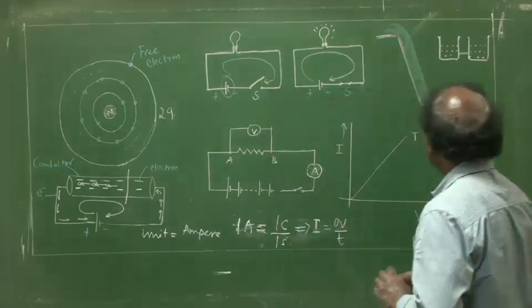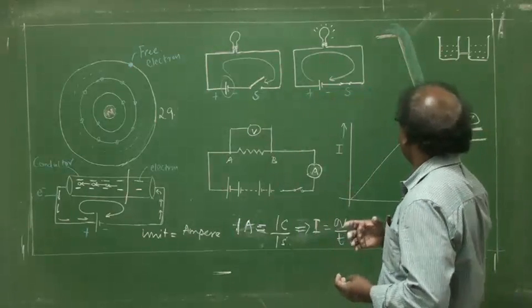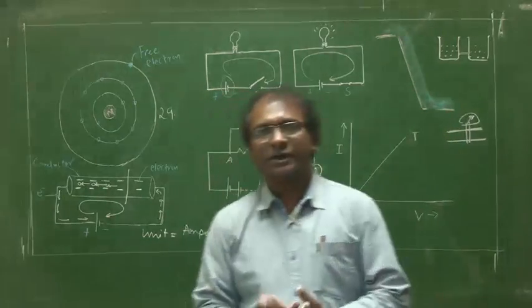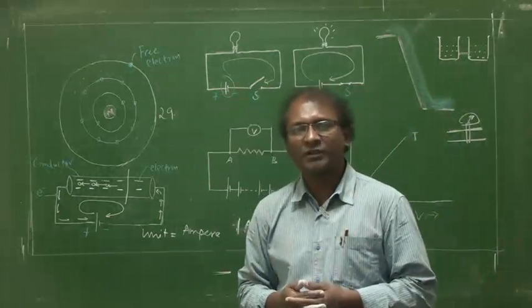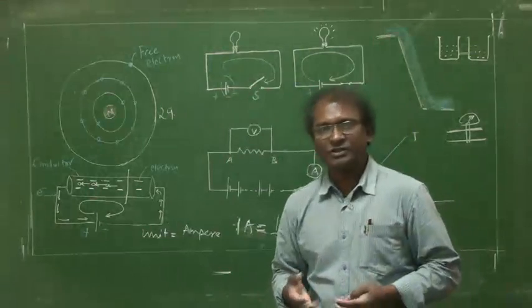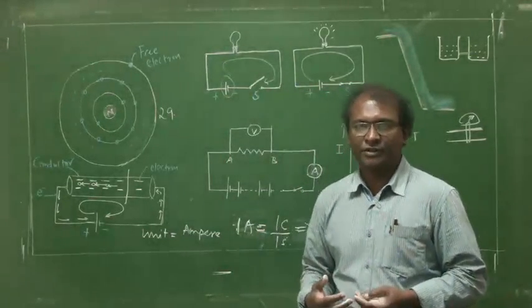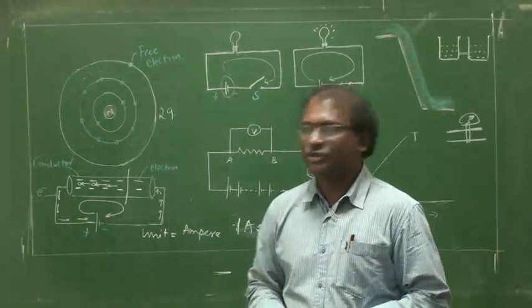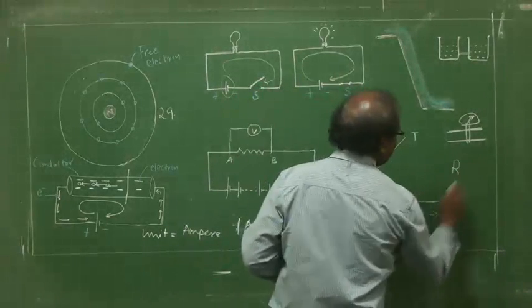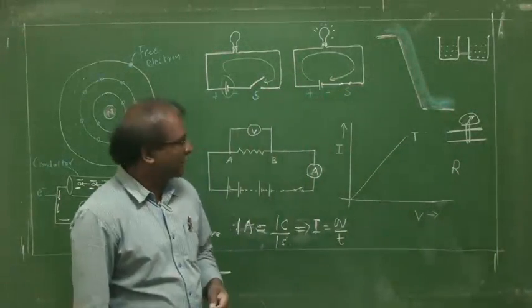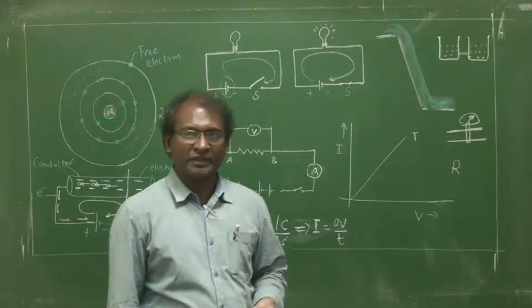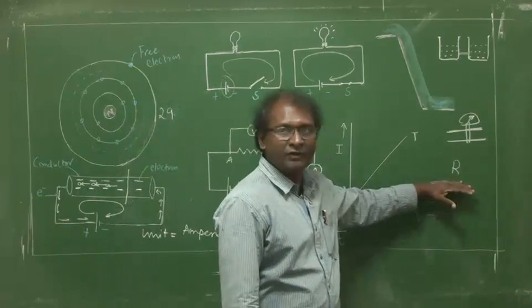Let's now discuss something called resistance. We all know that by nature there is always opposition to the current flow. When there is a current flow, there is always a resistance within the conductor against the flow of charges, which we call resistance. Resistance is symbolically represented by capital R. Electrical resistance is that property of any conductor which opposes the current flow.